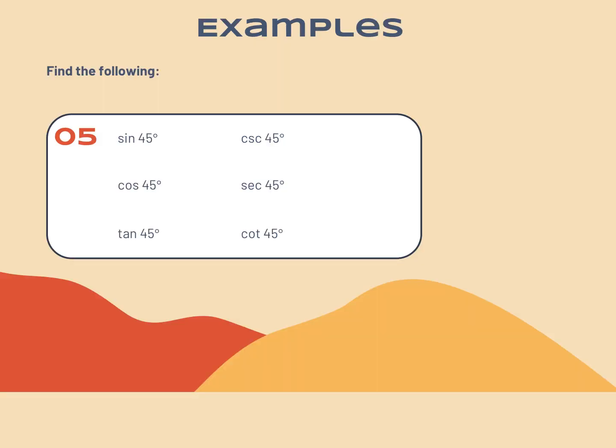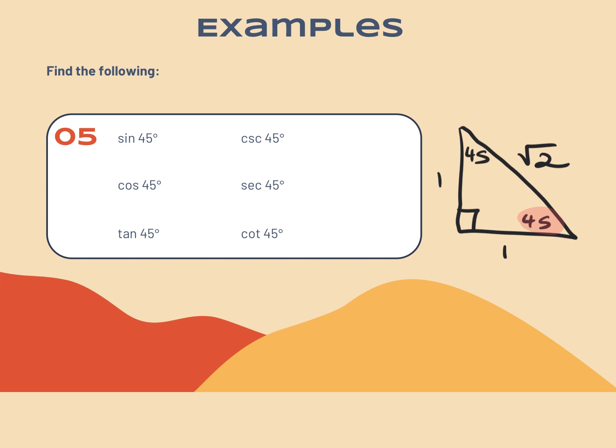Okay, so I'm going to draw the triangle. So I have 45, 45, and 90. This is a 1, 1, and a square root of 2. Now, if you notice, when I go to label my sides as opposite and adjacent, it really doesn't matter which 45 I pick, because opposite and adjacent are both going to be 1, no matter which 45 you look at.